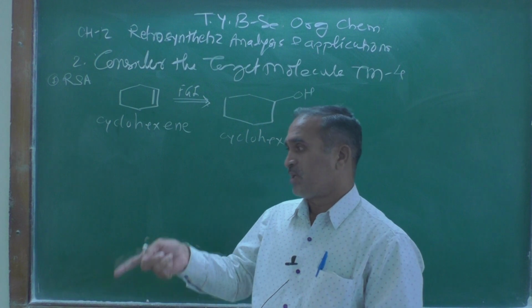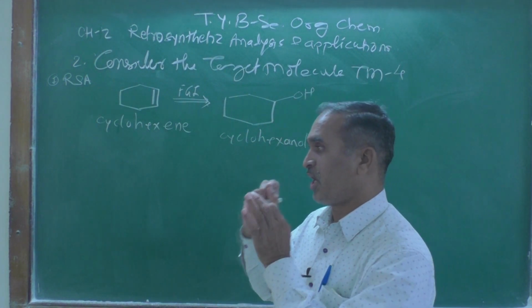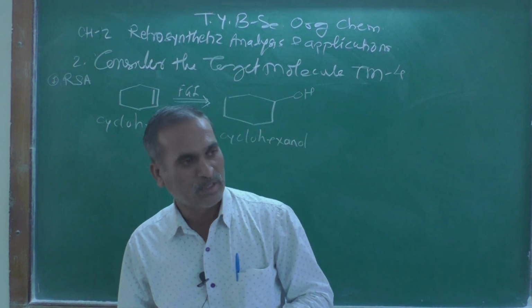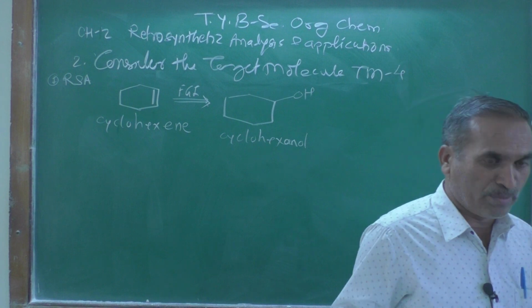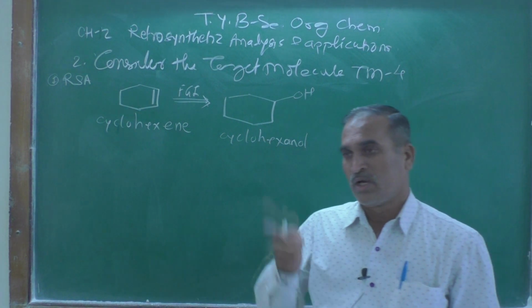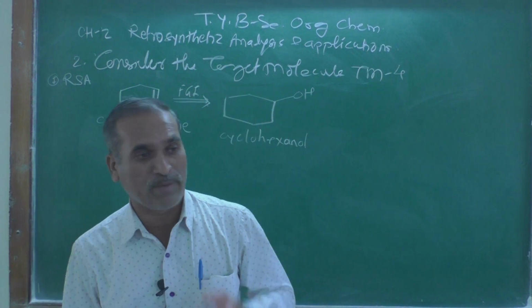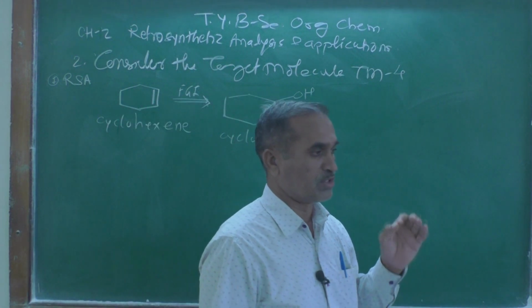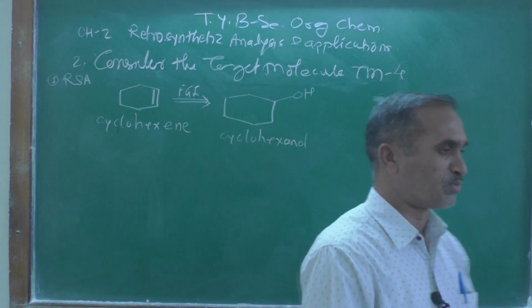And when the Grignard's reagent is treated with a ketone, all kinds of ketone, maybe aliphatic ketone or aromatic ketone, followed by hydrolysis, it produces a tertiary alcohol. That you have to remember.